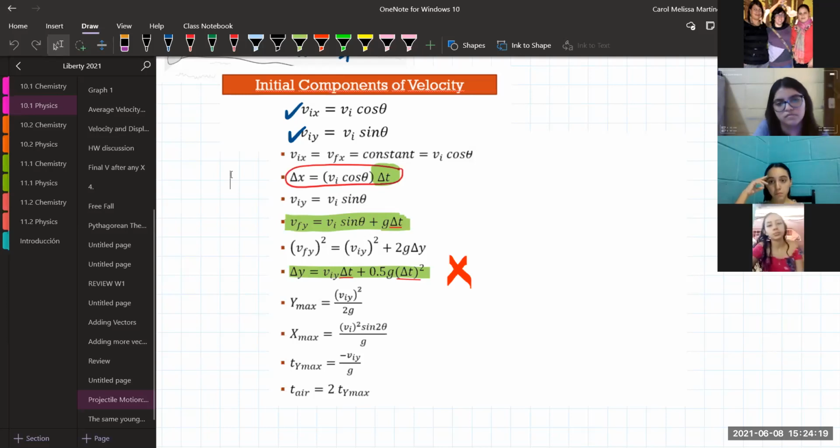So I suggest to use this one, because it is easier to isolate for the time. I'm gonna take that equation with me and write it: final velocity in y equals initial velocity in y plus gravity times delta t.